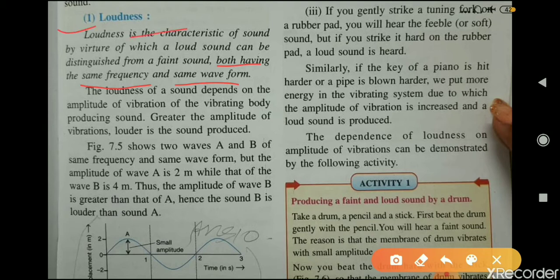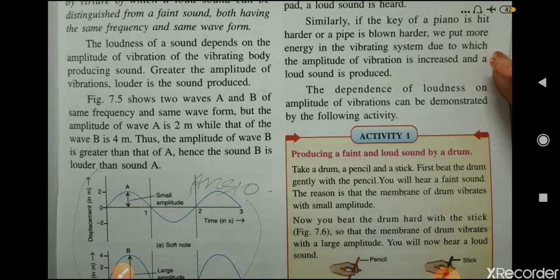Even though both sounds have the same frequency and same waveform, we can distinguish them by loudness, whether it is a loud sound or a faint sound.